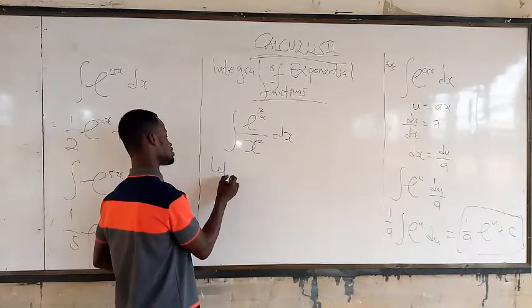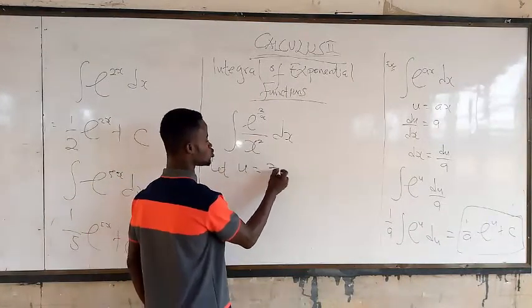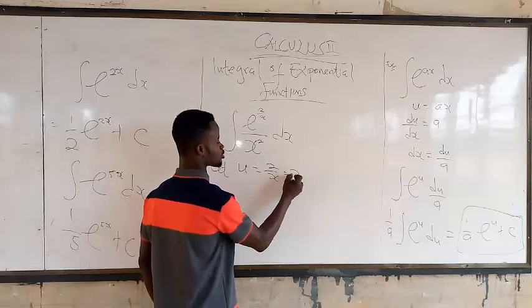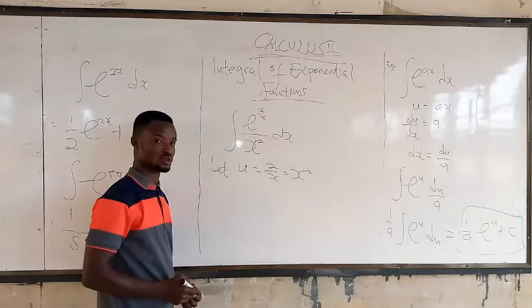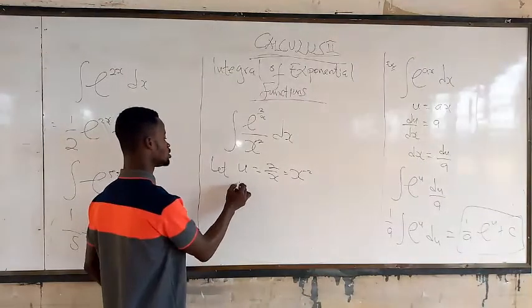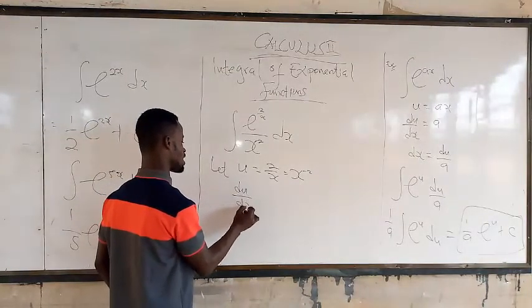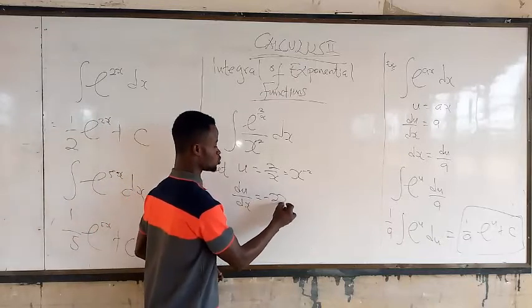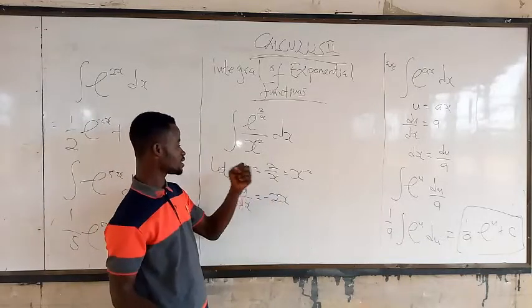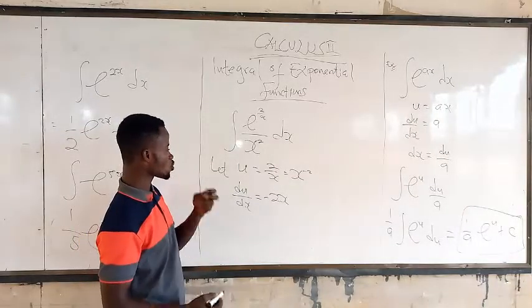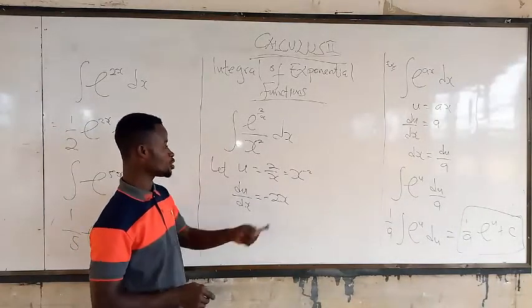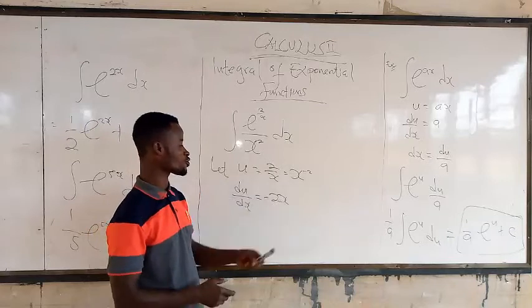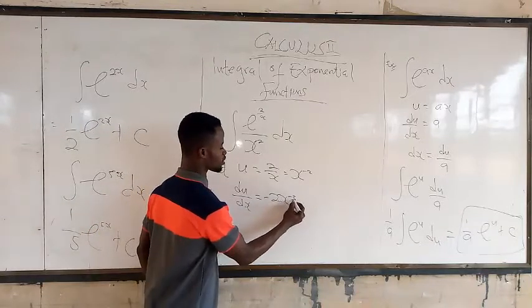Then let u be equal to 2 over s, which is the same as 2 s to the power negative 1. So du ds is going to be equal to negative 2 s to the power negative 2. And this is differentiation, right? So what we are doing is that you multiply the power by the coefficient, subtract 1 from it, and you get negative 3.